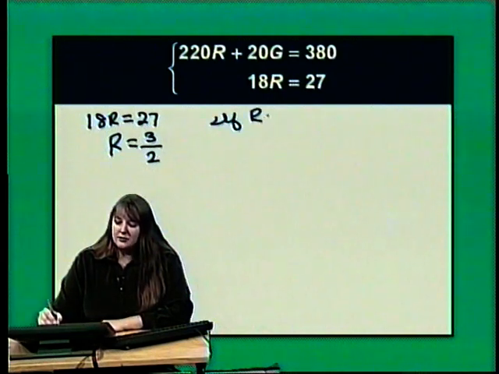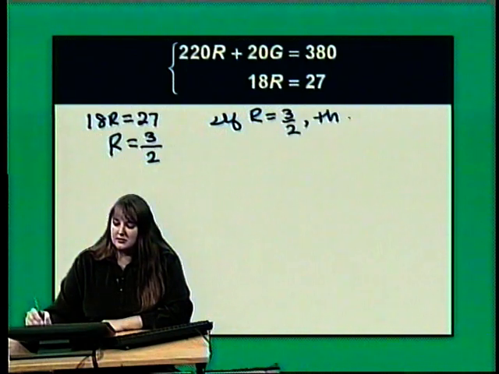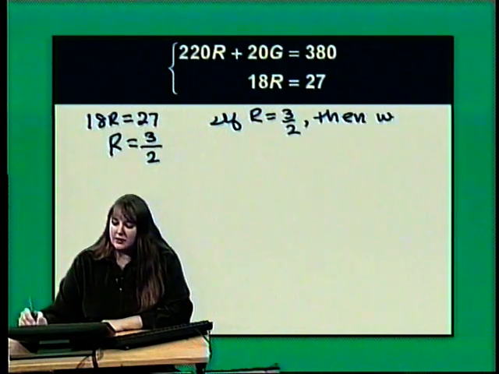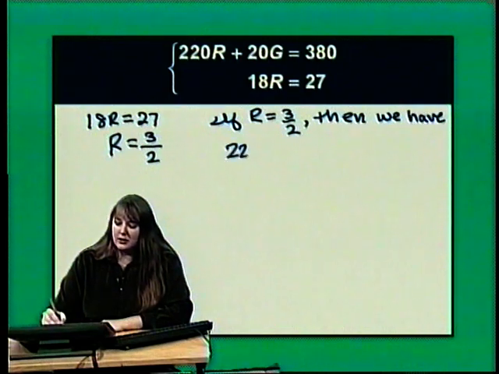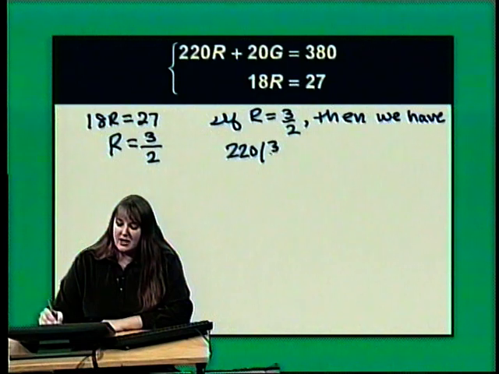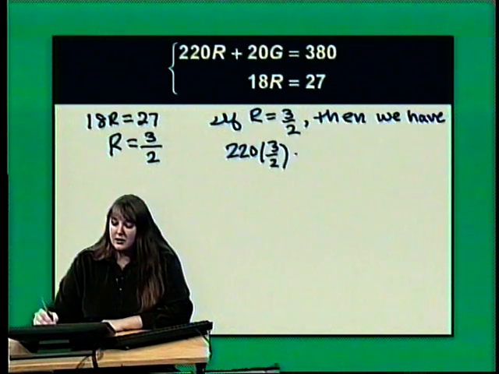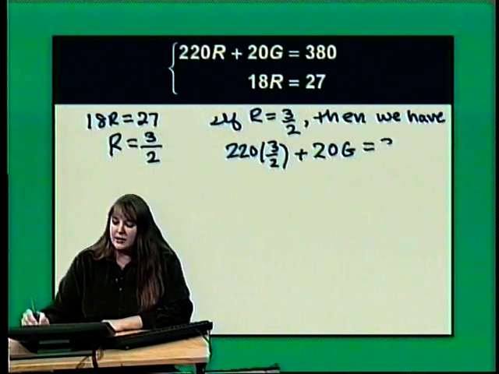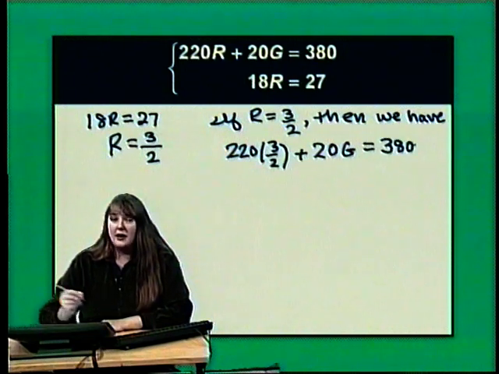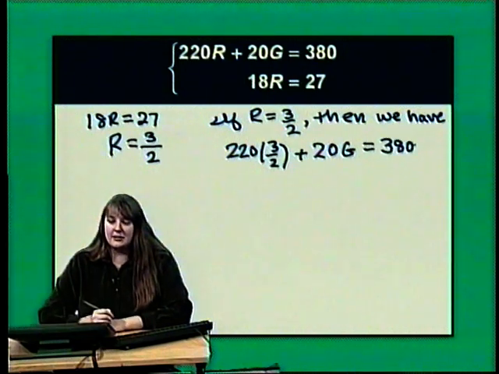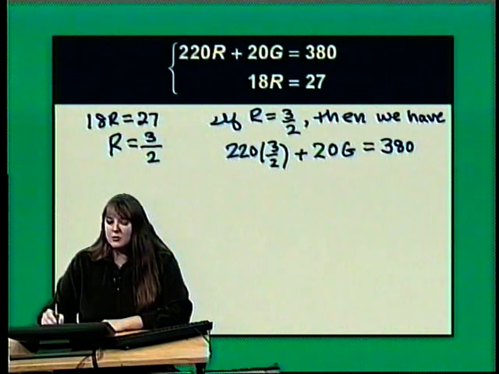So if R equals 3/2, then using our first equation, we have 220 times 3/2 plus 20G equals 380. I can use this equation to solve for G. 220 times 3/2.